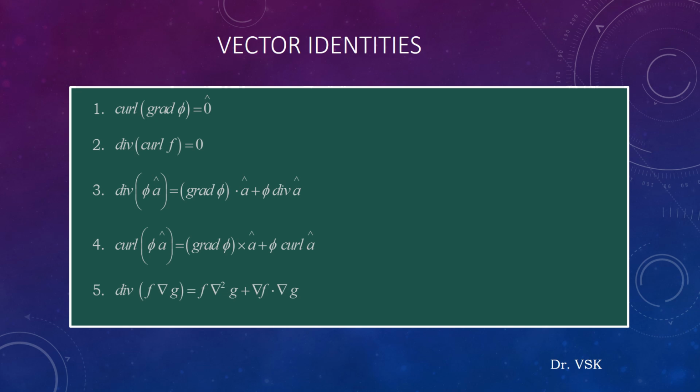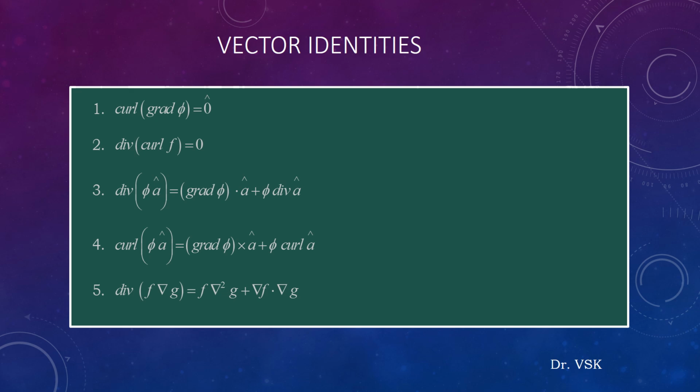The gradient of phi is a vector field. So we can apply curl on that vector field grad phi. Curl grad phi equals 0 cap. I have already proved this vector identity in part 5 of my lectures.